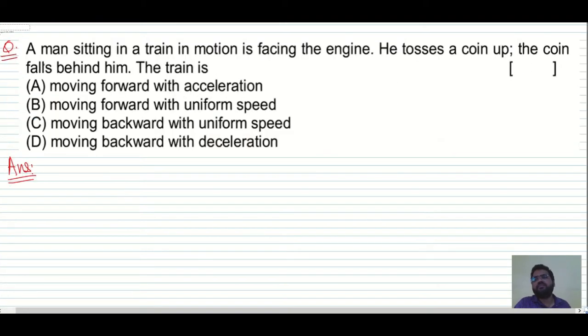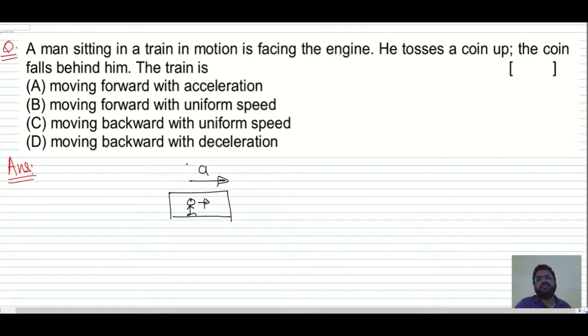Next, a man sitting in a train in motion is facing the engine. So that means this is the train supposed to be, this is the man supposed to be, and he is facing this side. That is engine, and acceleration is this side. Okay, he tosses a coin up. The coin falls behind him.